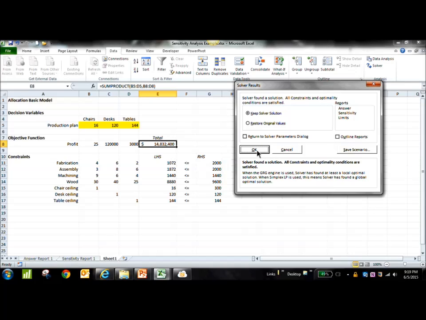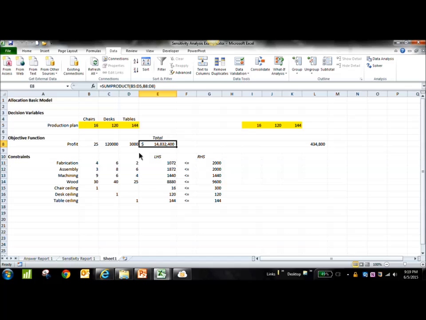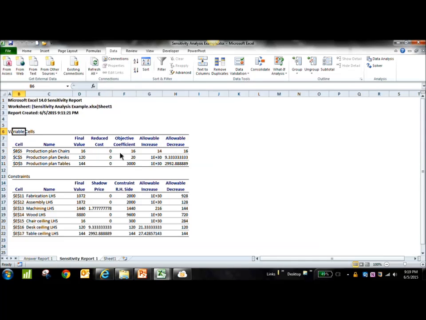See, that is an example of understanding the first part of the sensitivity report, saying that no matter, so this one, if it increased all the way to infinity, or it decreased by 9.33, it will not affect the production plan that we have.